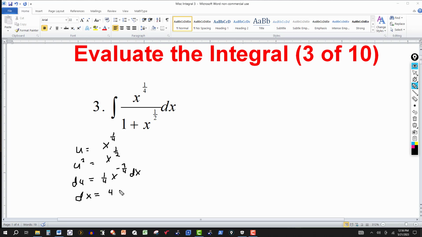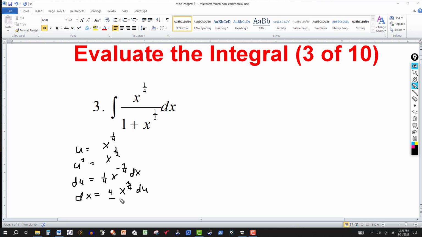That gives me the 4 on the left side, and then this is x to the negative 3/4, the same thing as 1 over x to the positive 3/4.